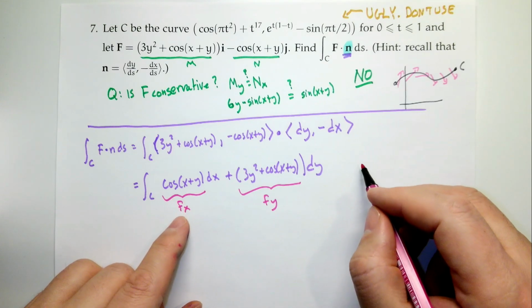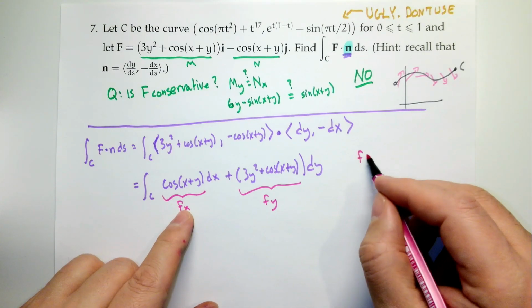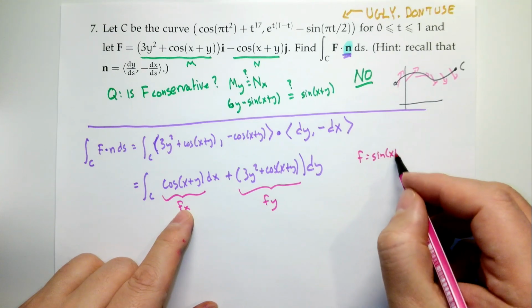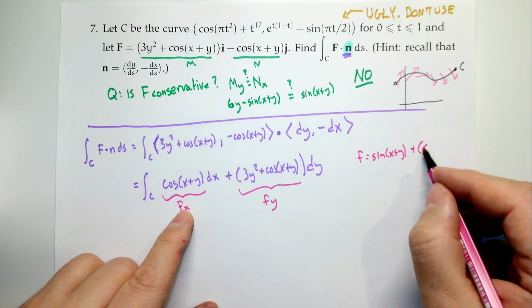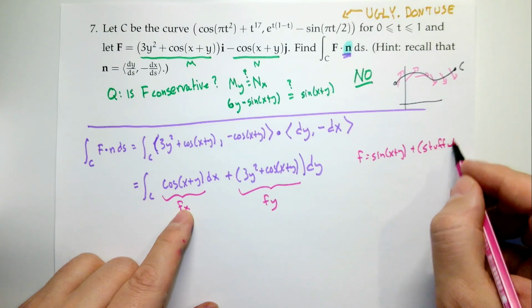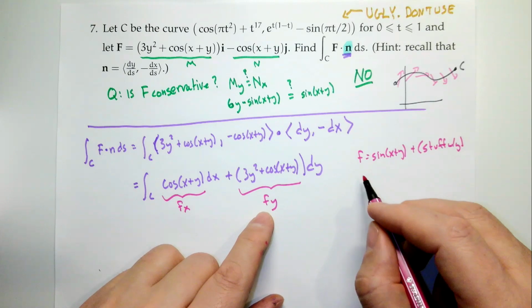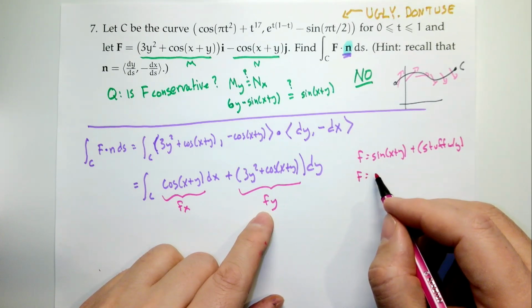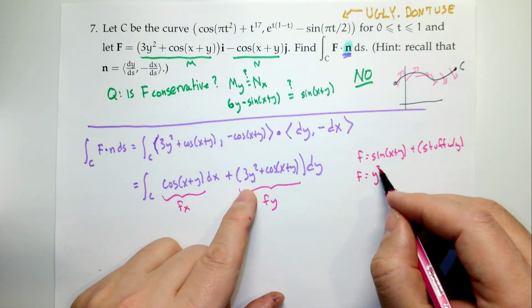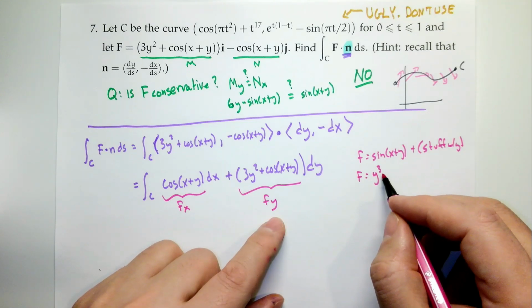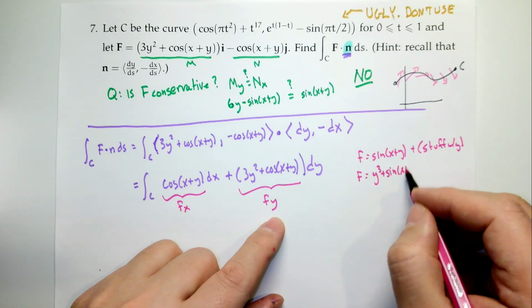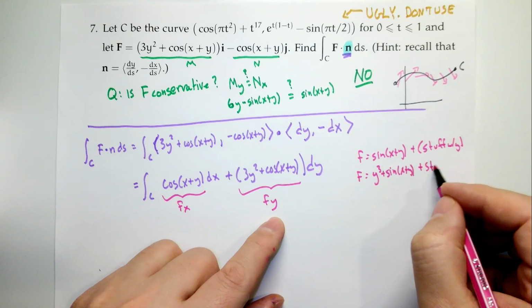The first part says f really has to look like sine of x plus y plus stuff with y. The second piece says our function has to look like y cubed, taking the antiderivative with respect to y, plus sine of x plus y, plus stuff with x.